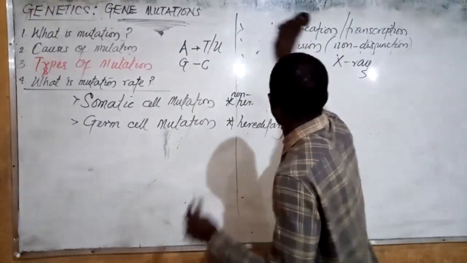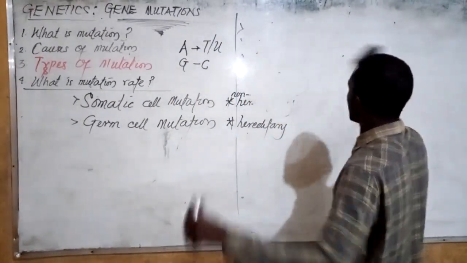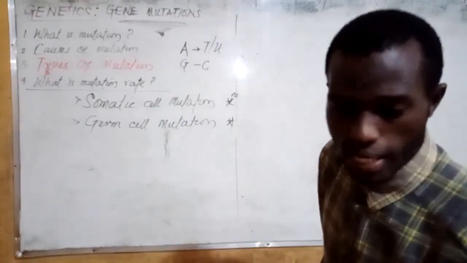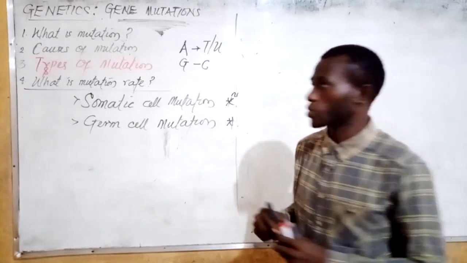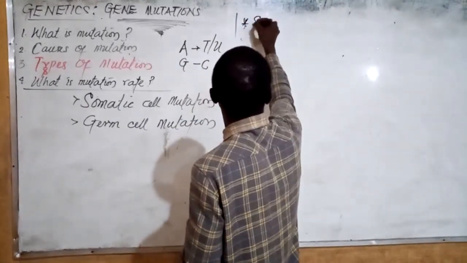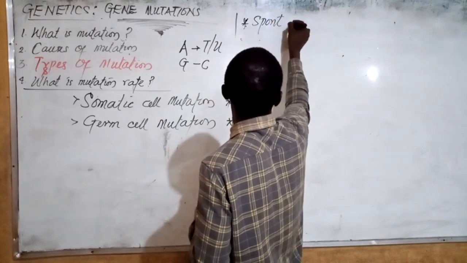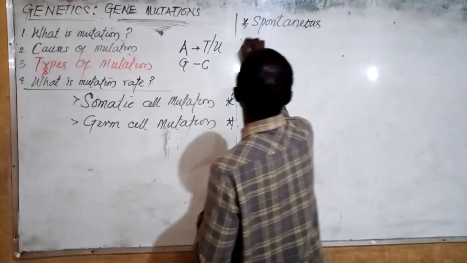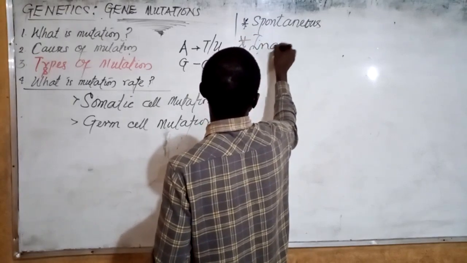So how about classification that is based on the cause? So based on cause, we classify them as spontaneous mutation and induced mutation.